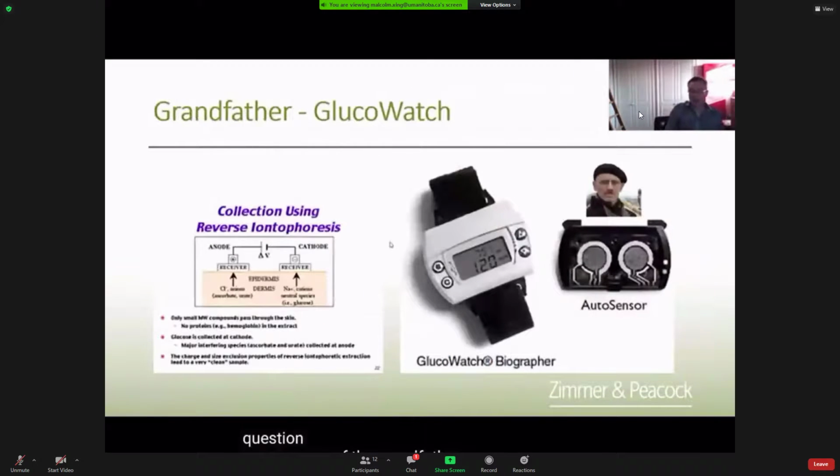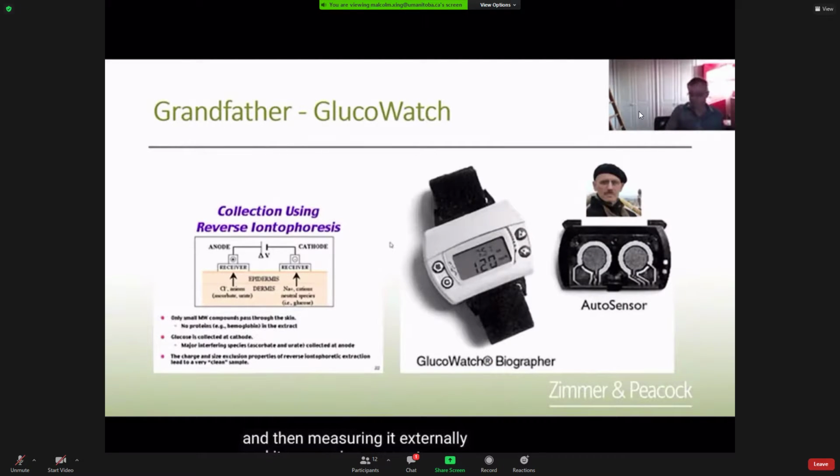Now, one of the grandfathers of a wearable continuous glucose meter, some of you who've been doing this as long as I have will remember the Glucose Watch. It was a business in part led by a guy called Russ Potts. In that, he was using a technique called iontophoresis, where he's effectively applying voltage and drawing the interstitial fluid through the skin and then measuring it externally.